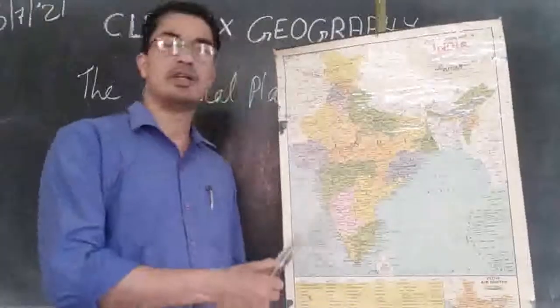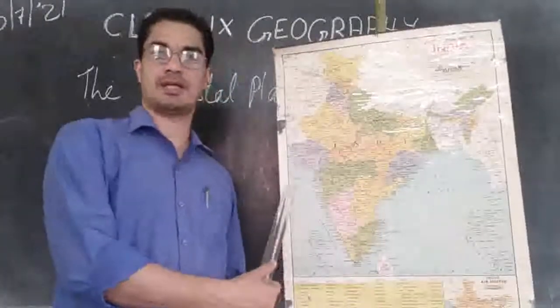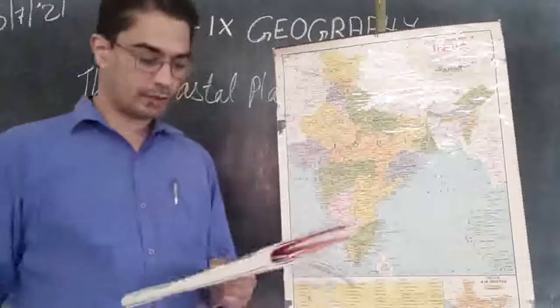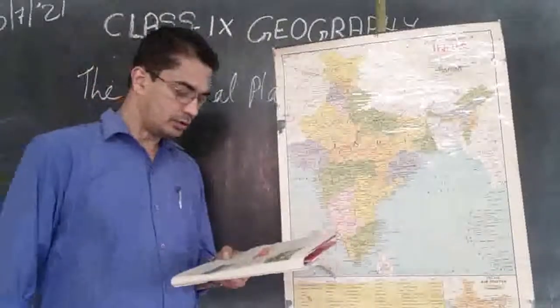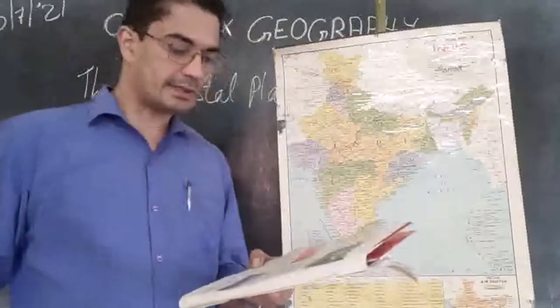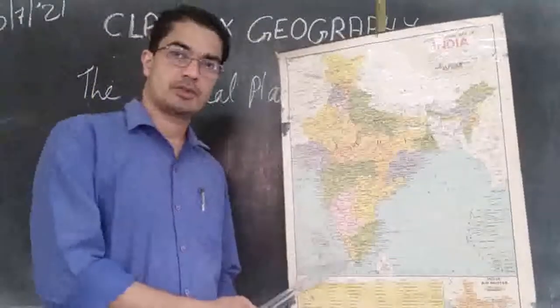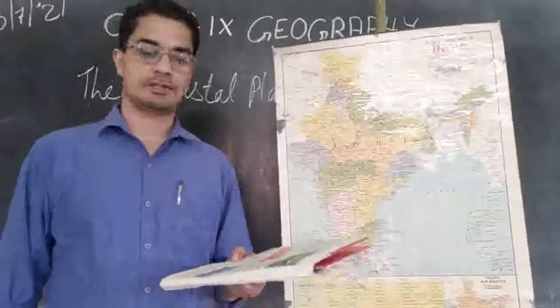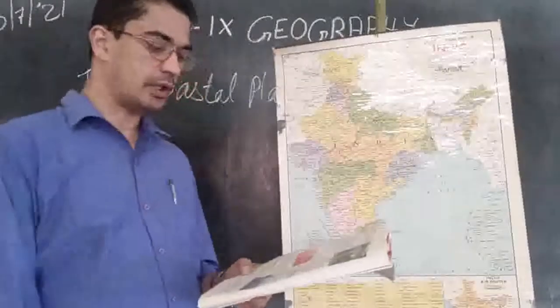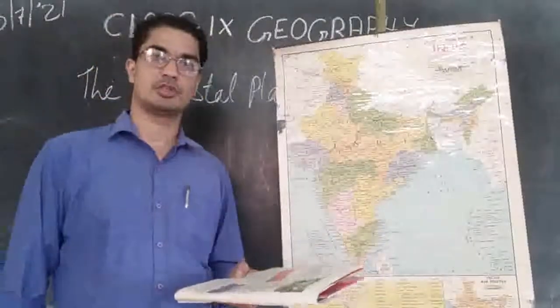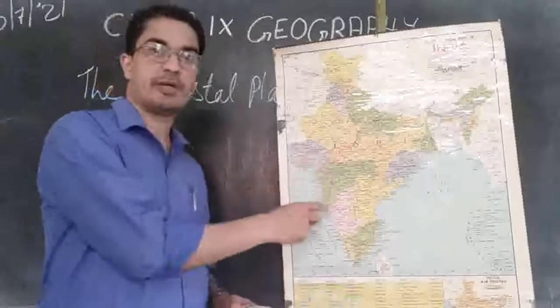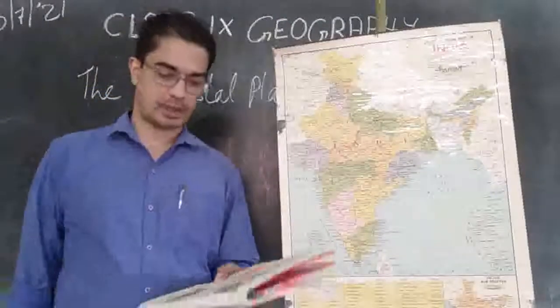The coastal plain is in the middle of the mountain and the sea. Then this western coastal plain consists of three parts: the top part, the middle part and the lower part.